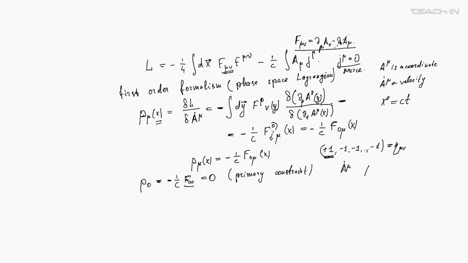So you have 4 components of velocity, but only 3 components of momentum, because P0 is equal to 0. So you cannot express velocities via canonical momentum, which is needed to pass to the standard Hamiltonian formalism.